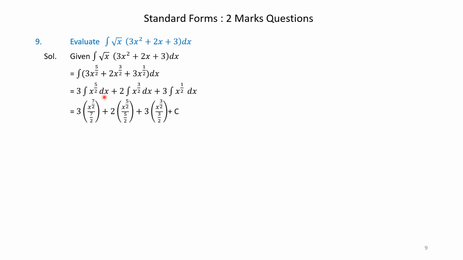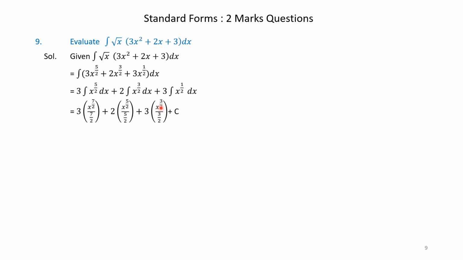If we integrate using power rule, it becomes x to the power of n plus 1. n here is 5 by 2. Therefore, it is 3 into within brackets x to the power of 5 by 2 plus 1, that is x to the power of 7 by 2 divided by 7 by 2, plus 2 into x to the power of 3 by 2 plus 1, that is 5 by 2, divided by 5 by 2, plus 3 into 1 plus half. 1 plus half is 3 by 2.